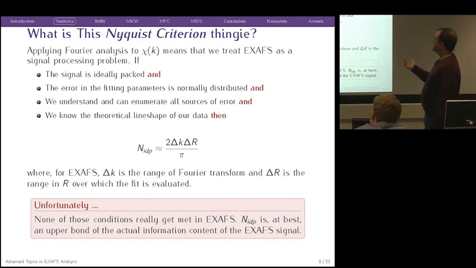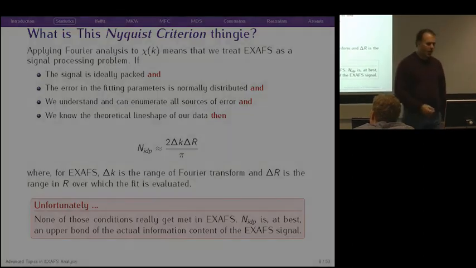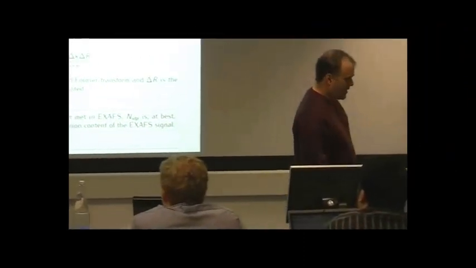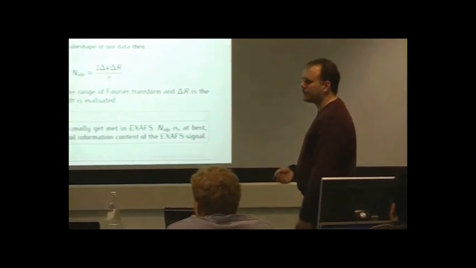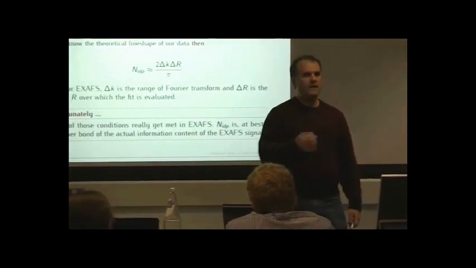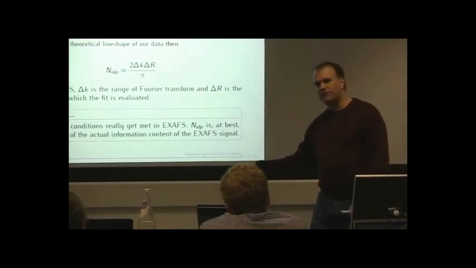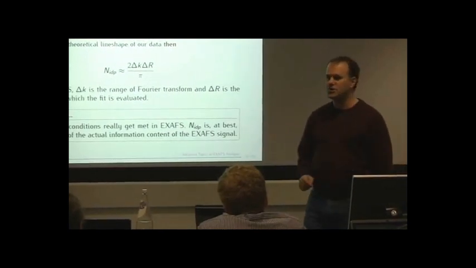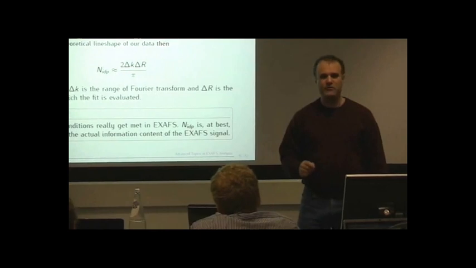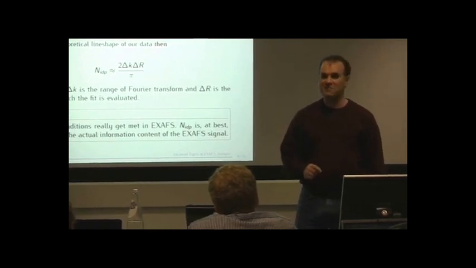Understand and enumerate all the sources of error. That's actually possible, I suppose, if your beamline scientist goes to extraordinary lengths to measure the linearity of all parts of the beamline from the source all the way down to the hutch, but most of us don't do that. I certainly don't do that at my beamline.